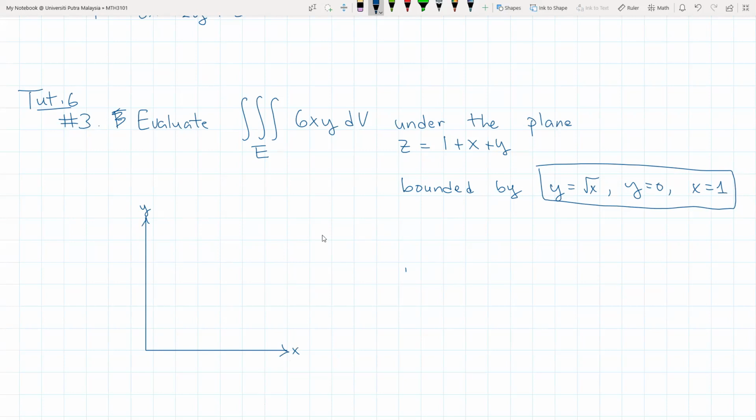This is the line for x equals 1. Then y equals 0 will be this line.